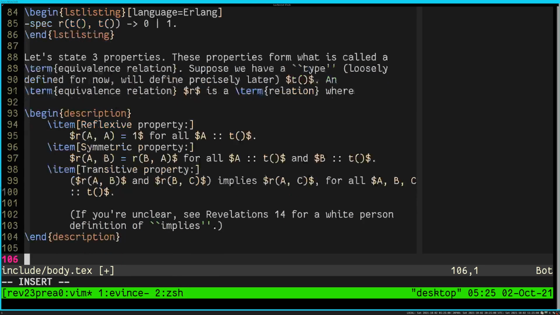Let's examine each of these properties in detail.